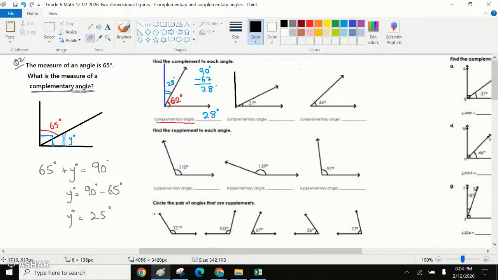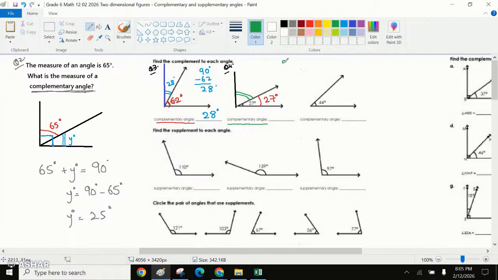Okay. So this would be question number 3. For question number 4, the given angle was 27, and we need to find the missing angle because we are asked to find the complementary angle. The sum of complementary angles is always 90.